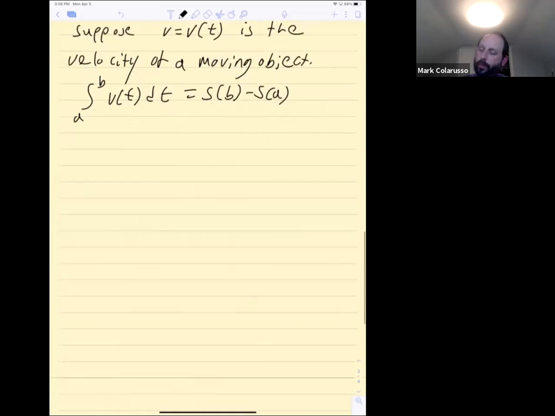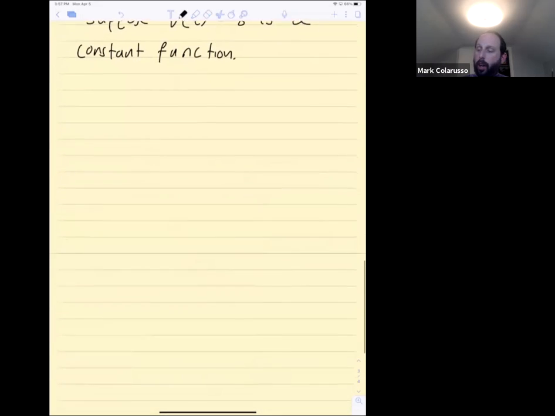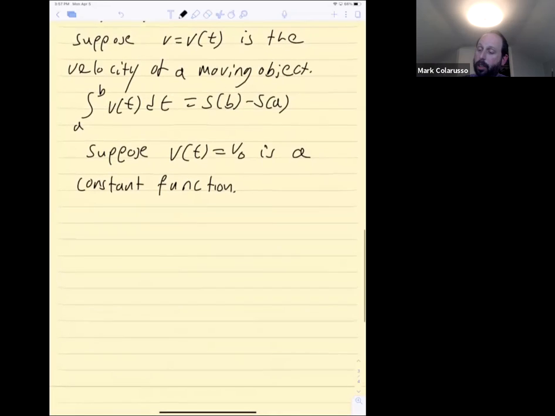Now suppose for a moment that v of t is just a constant function, v0. That is, the object is moving with constant velocity.